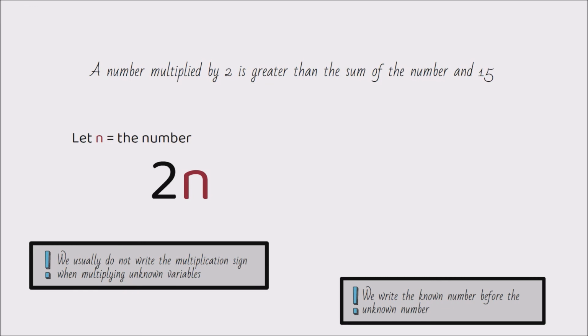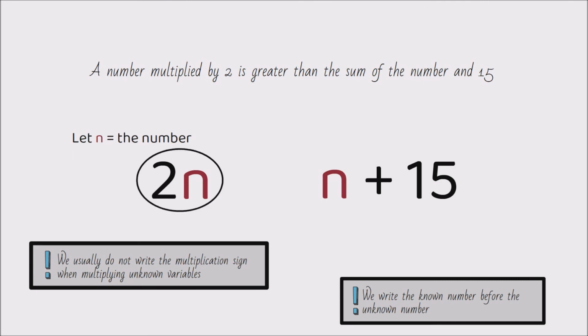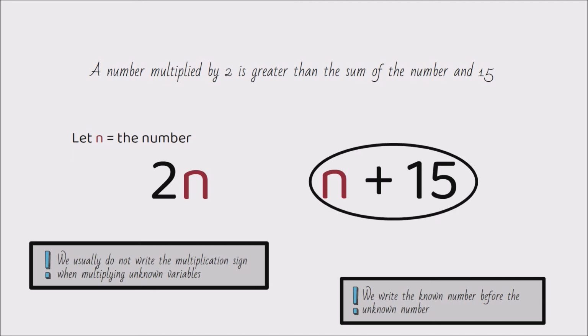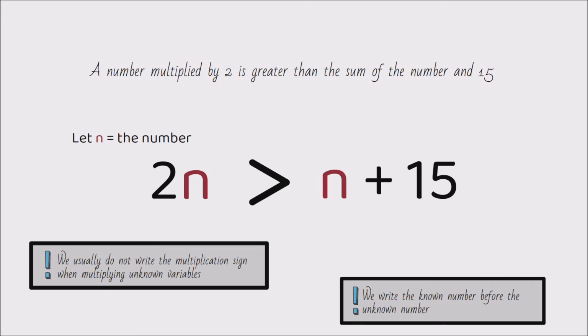It also says the sum of the number and 15, which we would write as n plus 15, yeah? Then finally, it says that this part, 2n, is greater than this part, n plus 15. So we can write that as 2n is greater than n plus 15. We can even put them in brackets to avoid confusion. That's up to you.